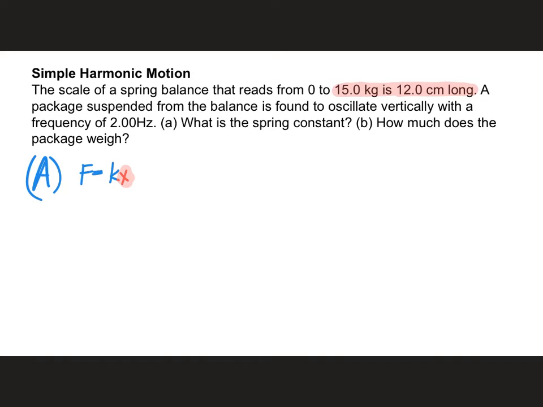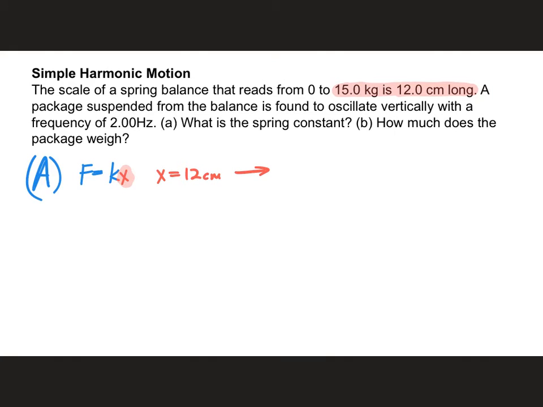So at 12 centimeters, a 12 centimeter stretch gives us that 15 kilograms. 0 stretch is associated with 0 mass. 12 centimeter stretch is associated with 15 kilograms mass. Okay? So x equals 12 centimeters. That's the stretch.